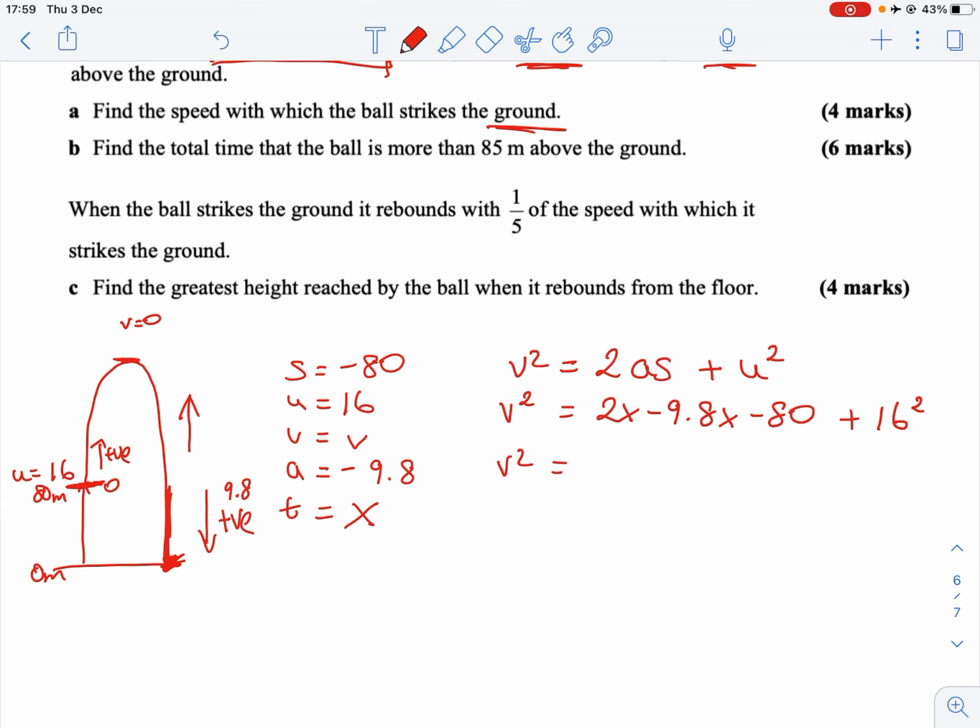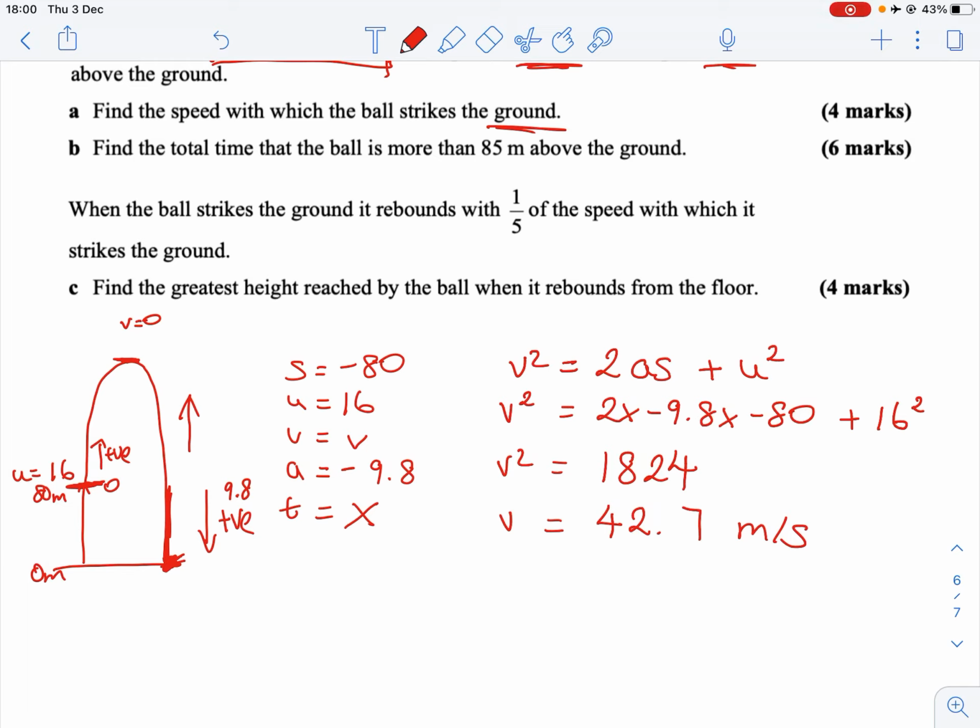We get v squared equals 2 times minus 9.8 times minus 80 plus 16 squared, which gives 1,824. Then we square root the answer to give us v. So v equals 42.7 to 3 SF meters per second. So when it strikes the floor, it's at 42.7.